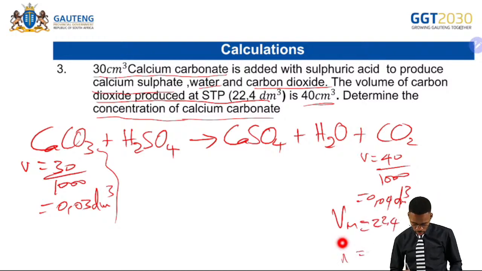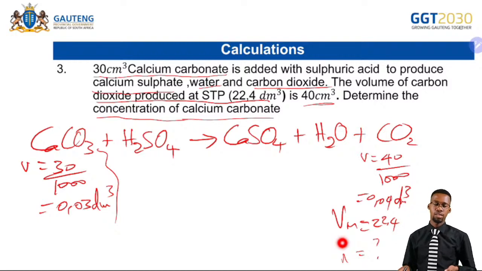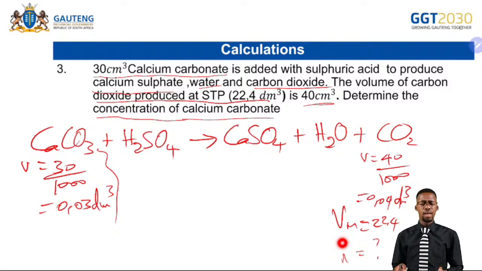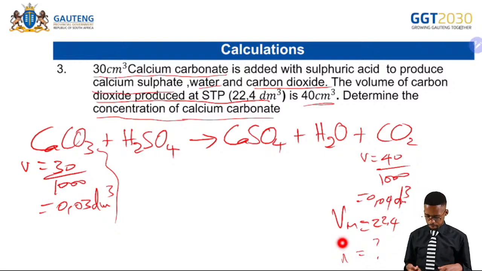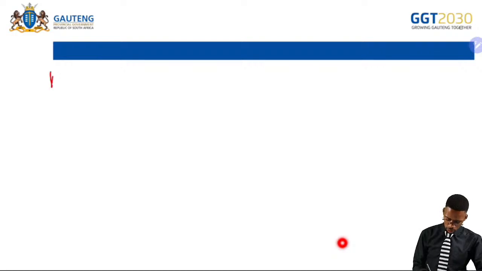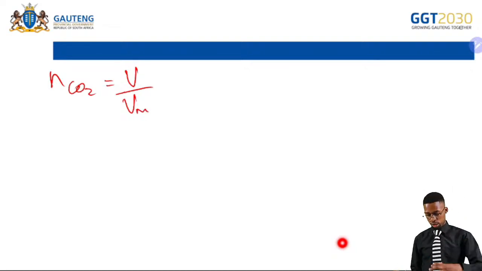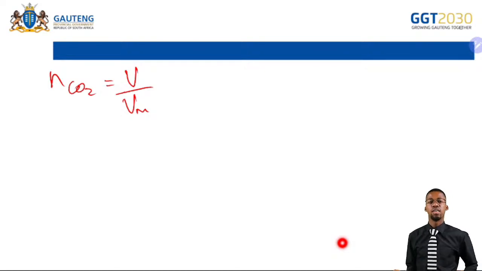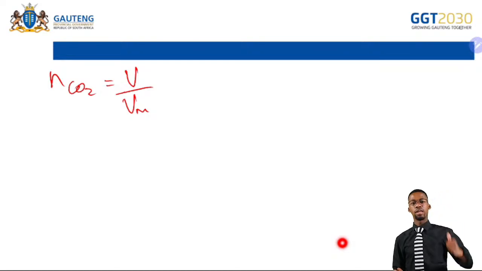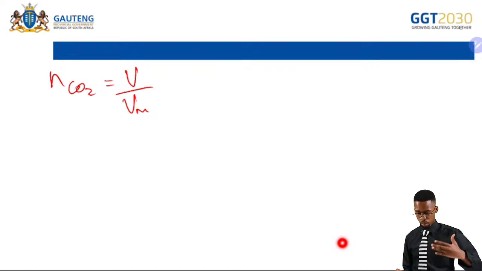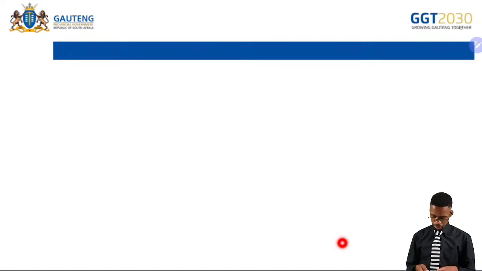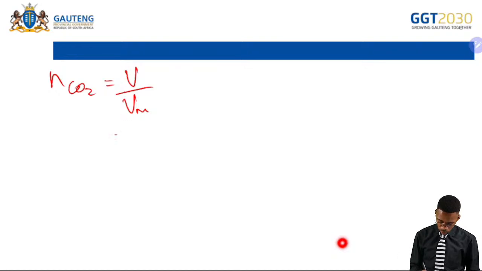So we can calculate the number of moles of carbon dioxide. That is the first step. Calculate the number of moles of carbon dioxide. Number of moles of carbon dioxide is equal to volume divided by molar volume at STP. We use this formula if we have volume and molar volume. So what is our volume?